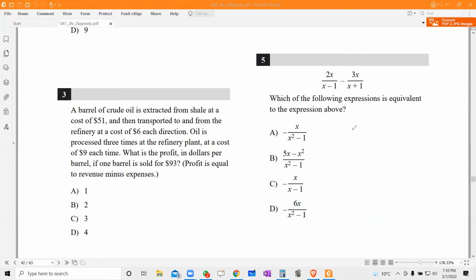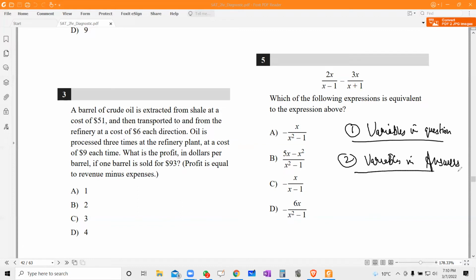When you can use that, the first criterion is that you should be having the variables in the question. And the second thing is that you should be having the variables in the answers also. If you're having these two criteria followed, variables in the question and variables in the answer, then the strategy is: make it real.